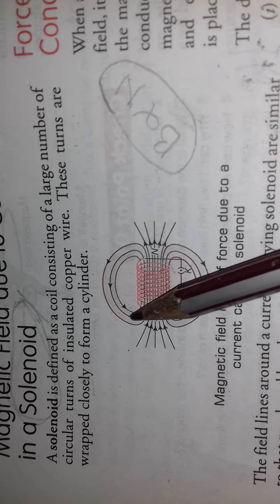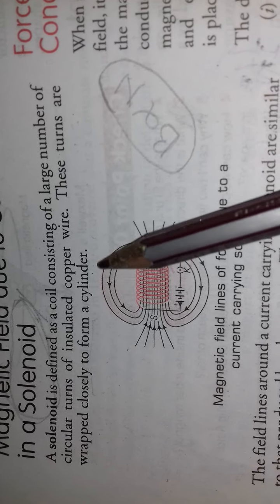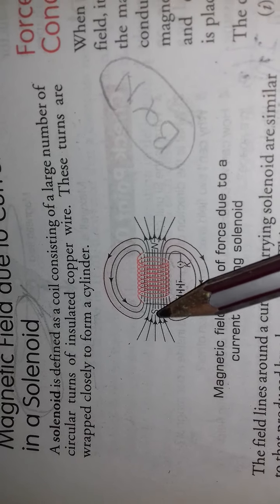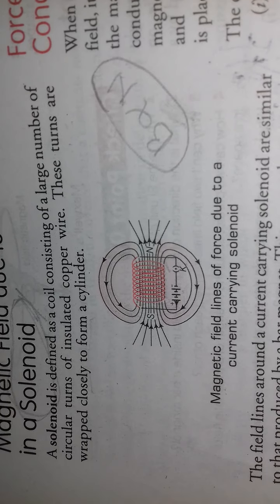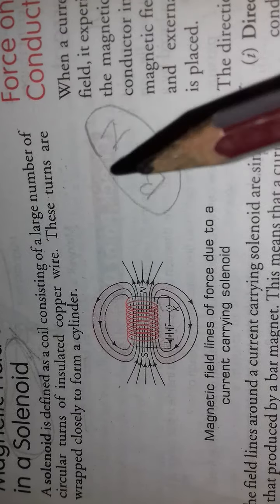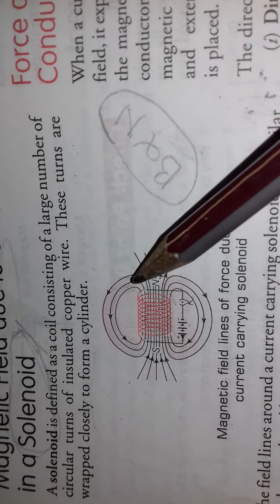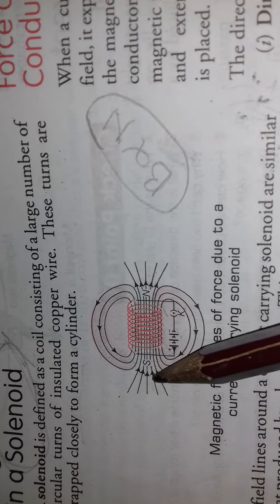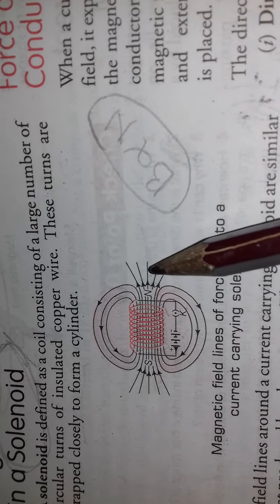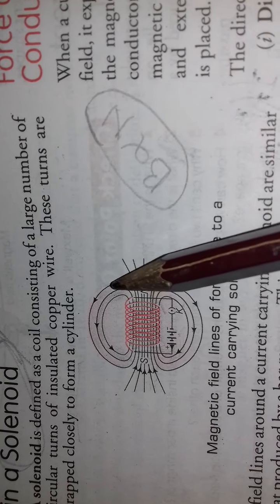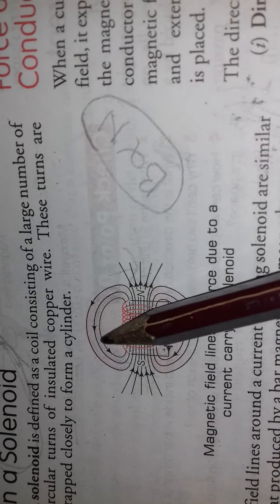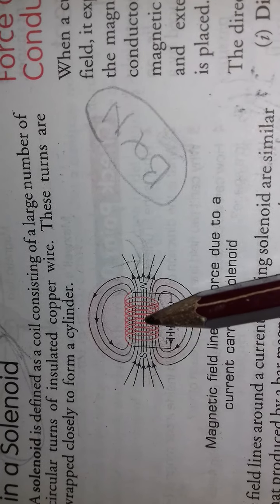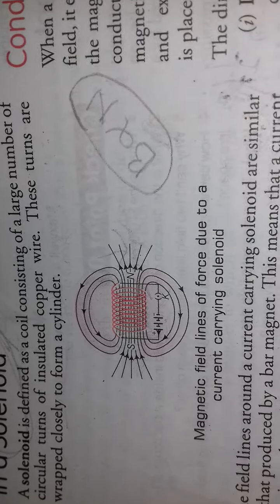See, magnetic field lines form concentric circles, and if you go far away from the edges, then at the center the magnetic field lines look like a straight line. In this direction the circles will increase, and at the center the magnetic field lines look like a straight line.